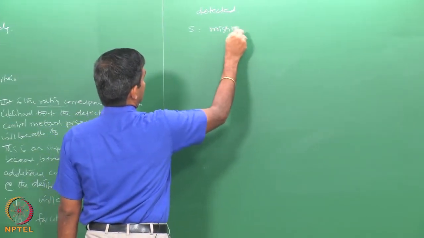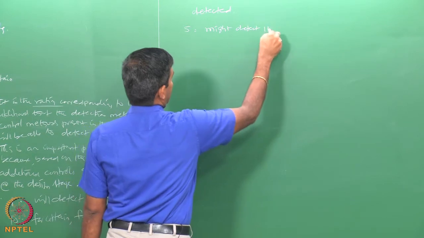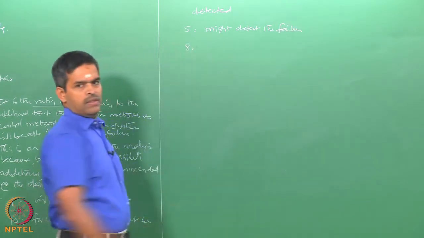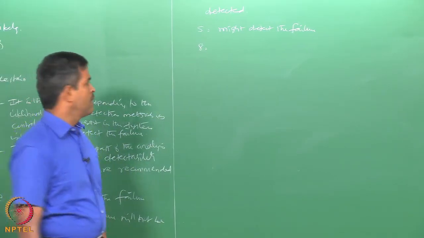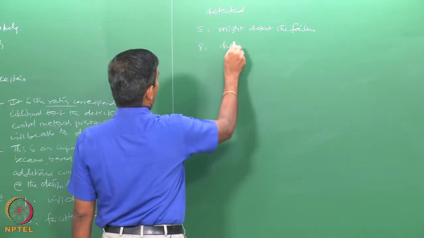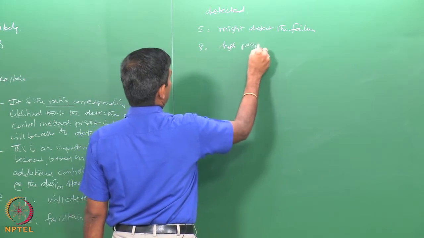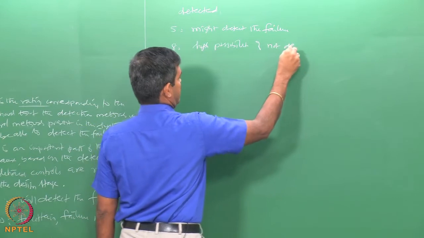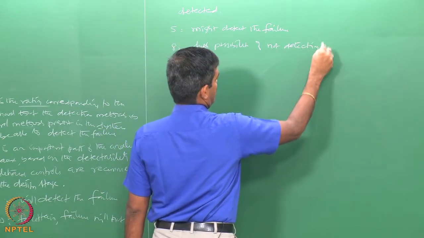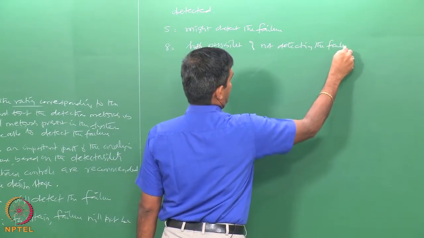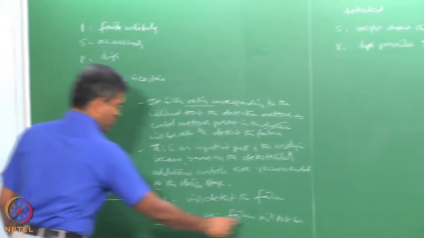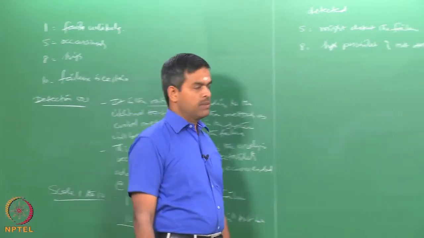Might detect the failure, there is a guess, there is a probability. 8 is a high possibility of not detecting the failure. Of course, 10 means for sure detection is not possible.